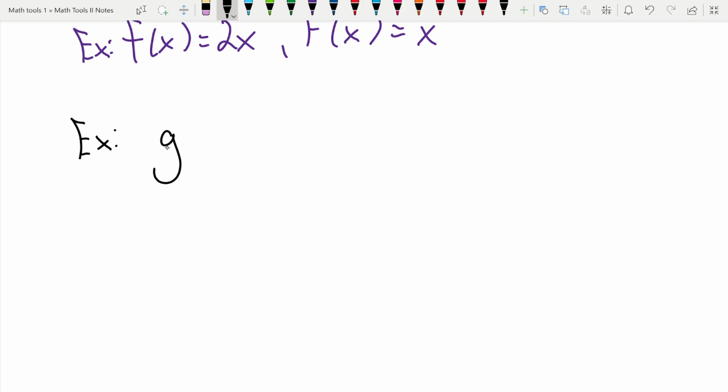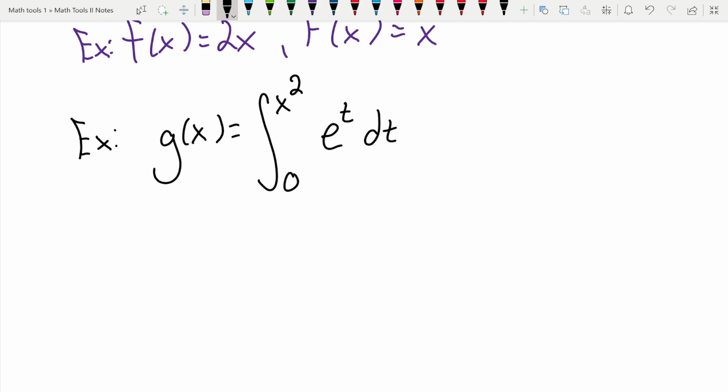So let's say that we have g of x equals the integral from 0 to x squared of e to the t dt. Okay.